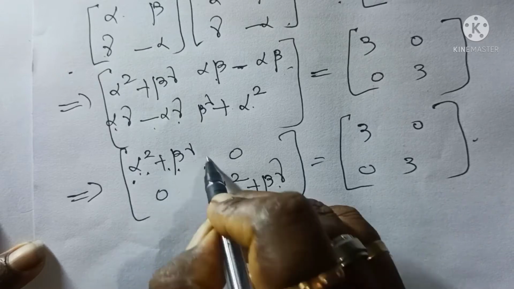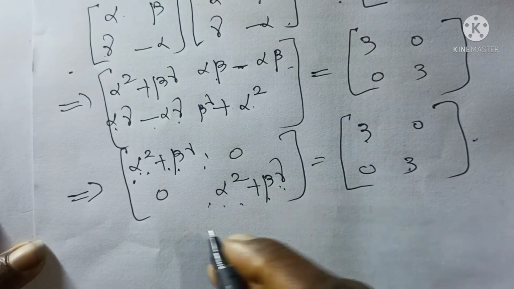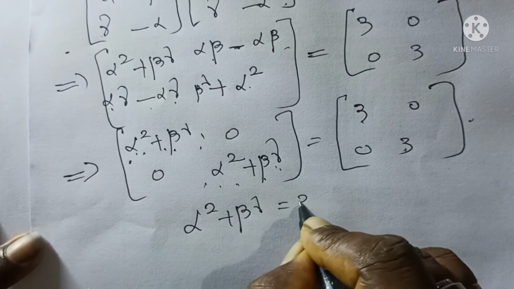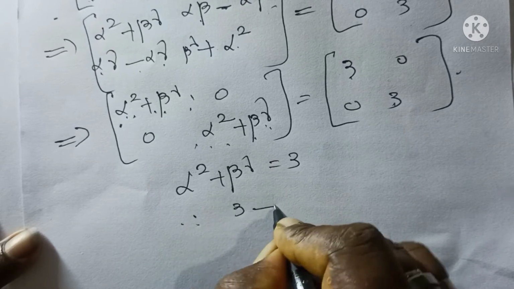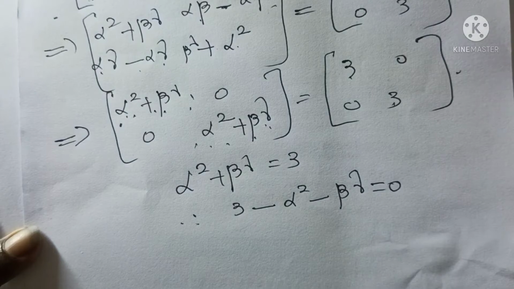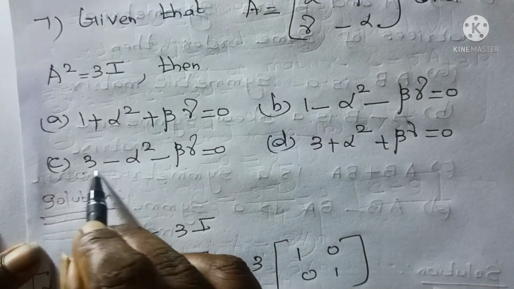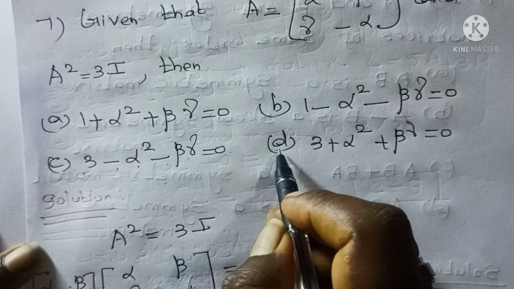So alpha square plus beta gamma is equal to 3. So you can write 3 minus alpha square minus beta gamma is equal to 0, depending upon the question.